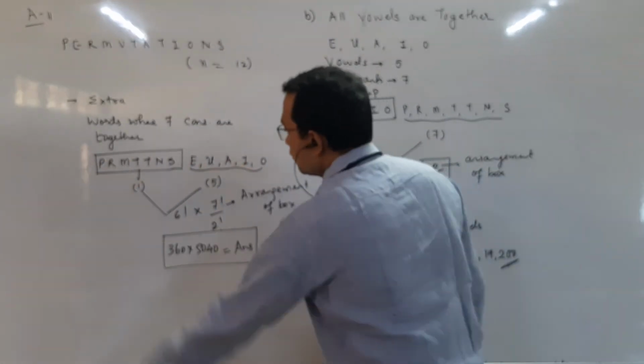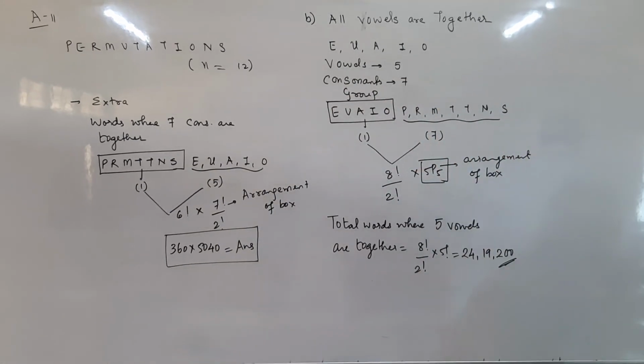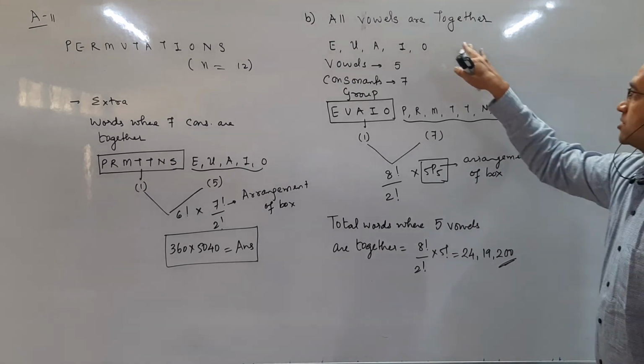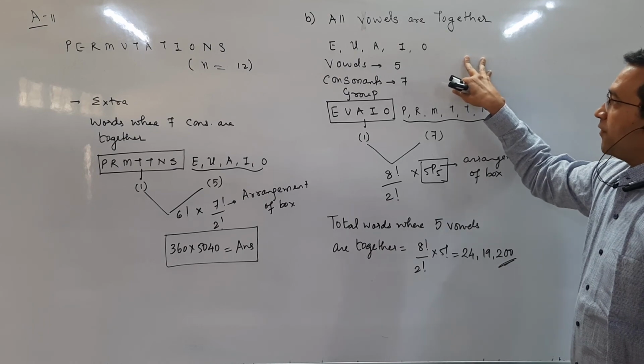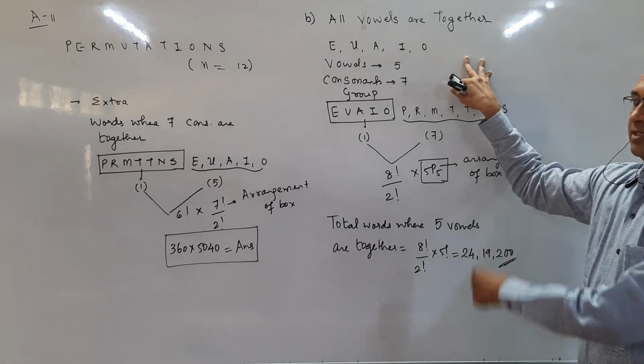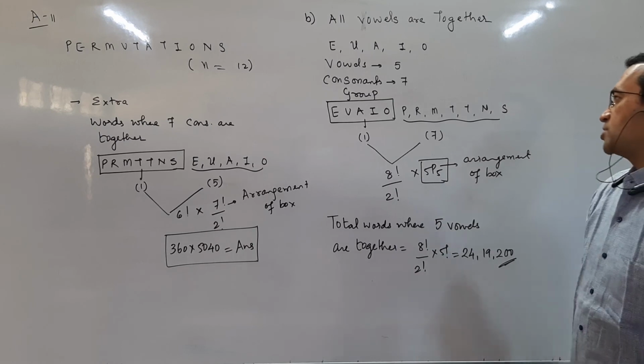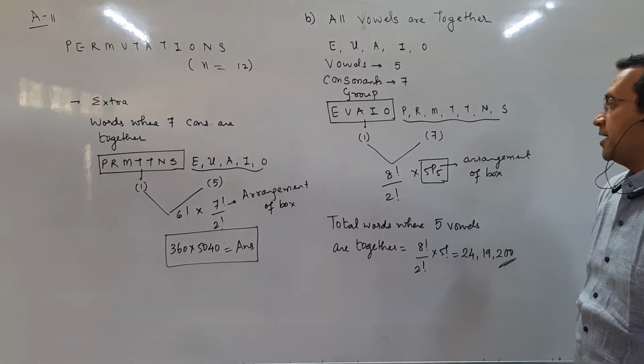So first we have to consider the total arrangements. Then the second part, students, we have to consider the arrangement of box, and when we multiply both the arrangements, this will give us the total words where 7 consonants are together, and this has given us the total words where 5 vowels are together.